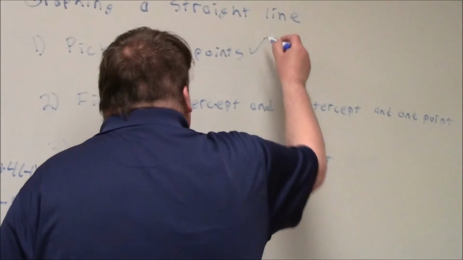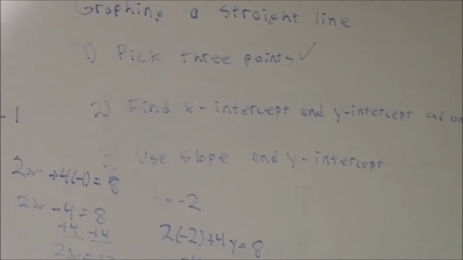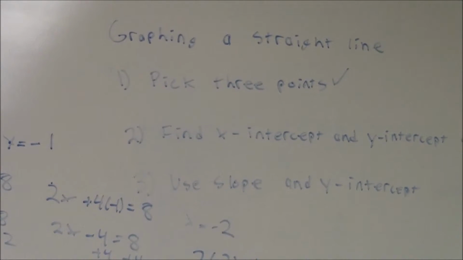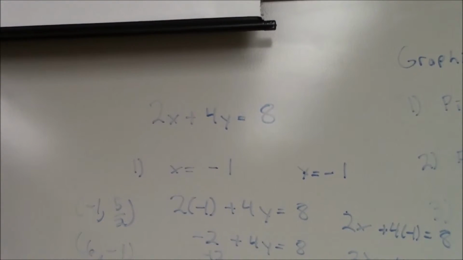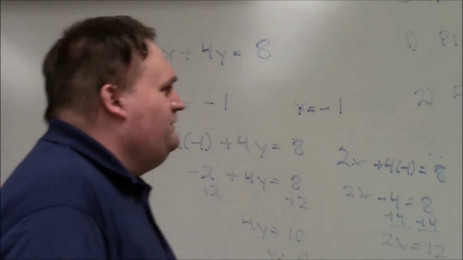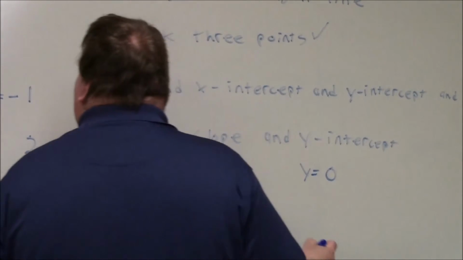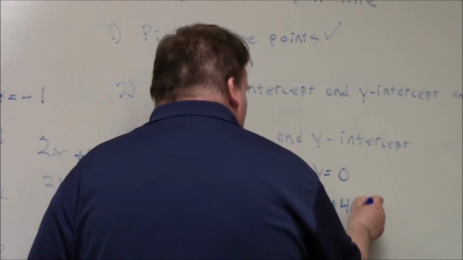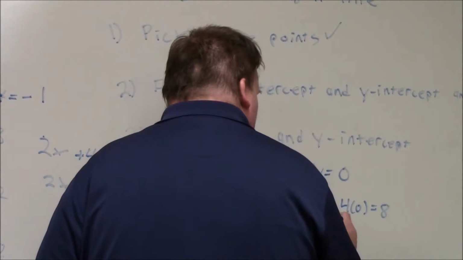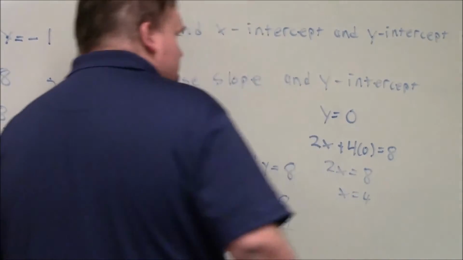So the next one I'm going to do is find the x-intercept and the y-intercept. So I'm going to use the same equation, 2x plus 4y equals 8. Well, to find the x-intercept, y must equal 0. So I have 2x plus 4 times 0 equals 8. 2x equals 8. x equals 4.